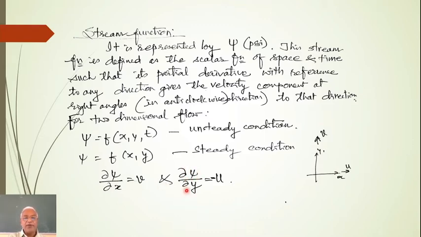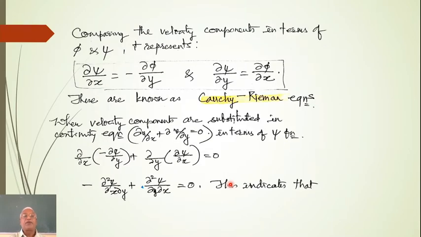Now dou psi by dou y, partial differentiation with respect to y, gives you velocity in this direction, which will obviously be minus u. That's why dou psi by dou y becomes minus u.